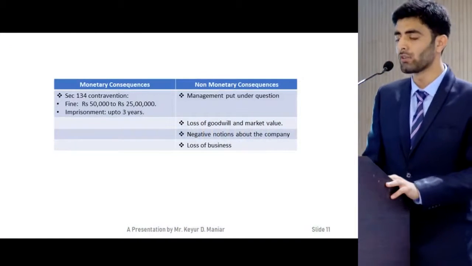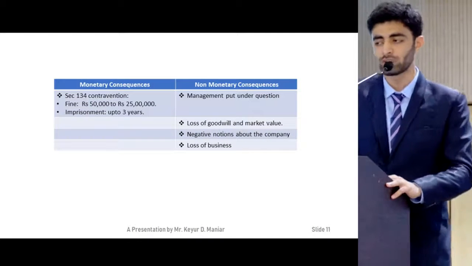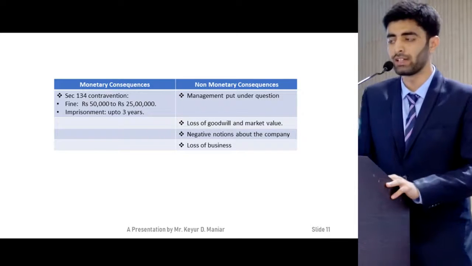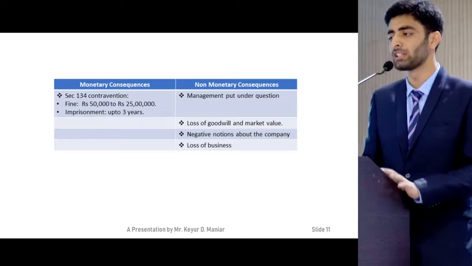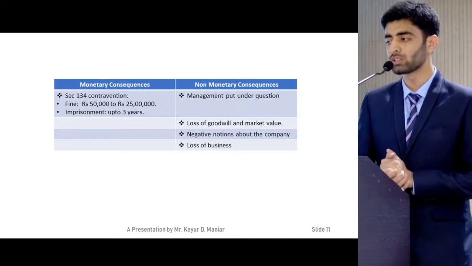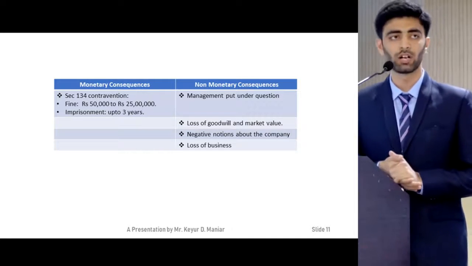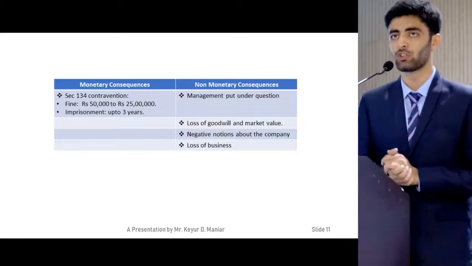Well, monetary consequences include a section 134 contravention, which is a fine of 50,000 to rupees 25 lakh, and an imprisonment up to 3 years. Non-monetary consequences include management having to be put under question, the company will lose its goodwill and market value, and also negative notions about the company will flow through the market, and the company will suffer a loss of business.